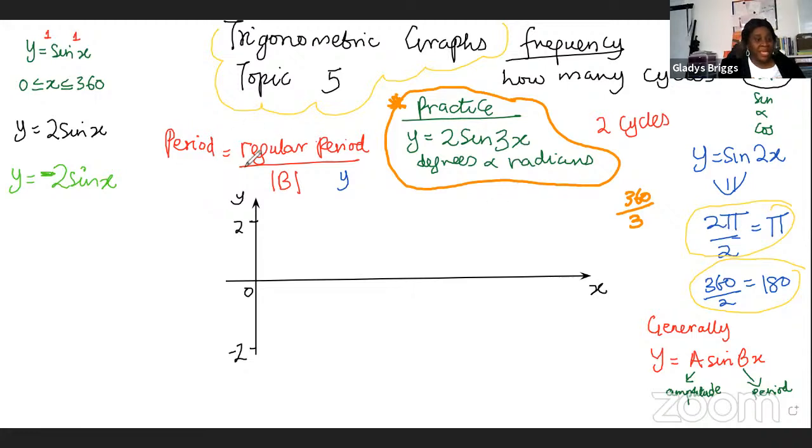Where did I write it now? Yeah, the period. You need to use this formula, the regular period over b. Here, b is 3. So the regular period is 2 pi, okay? 2 pi over 3, or 360 divided by 3. This is in degrees, and this is in radians.